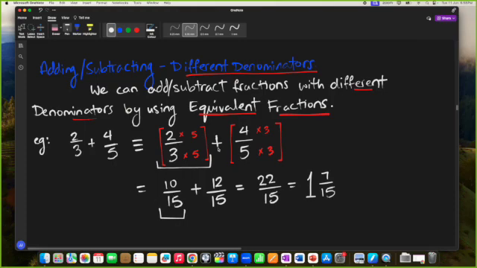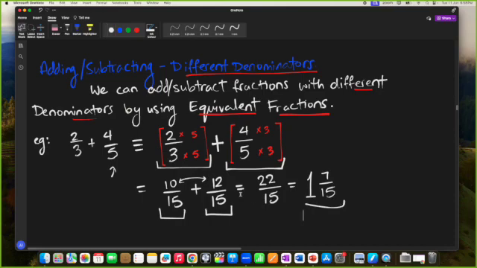I have my plus sign in the middle here. Then I have the 4 over 5. So I take the 4 over 5 here and I multiplied it by 3. So 4 3s are 12, 5 3s are 15. So you see now I have 2 fractions over 15. So I could just add my numerators. 10 plus 12 is 22 over 15, 1 and 7 over 15.